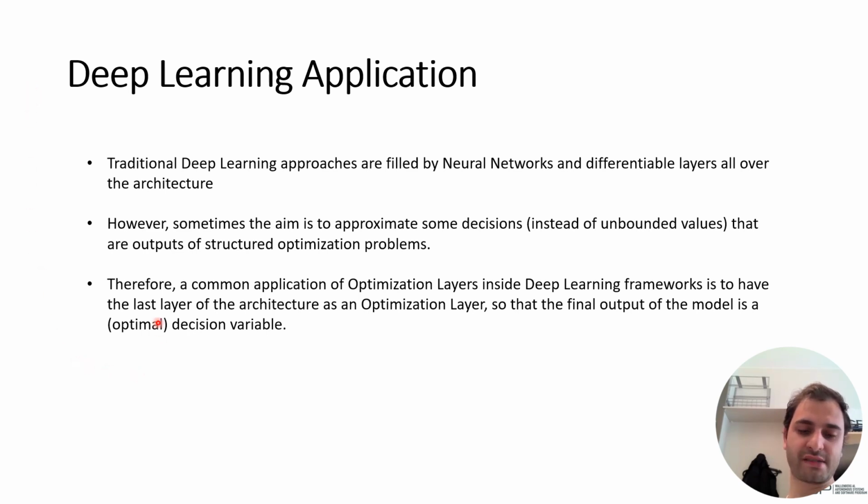That's the reason optimization layers inside deep learning frameworks are important. And it's very common that the optimization layer is the last layer of the architecture. This is because then the final output of the model is a decision variable.